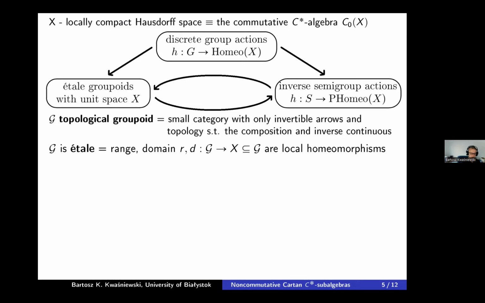And the groupoid is étale whenever the range and domain maps are local homeomorphisms, when I treat X as a subset of G. So in particular for an étale groupoid, the space X is an open subset of G. Local homeomorphism means that these maps are open and locally injective.